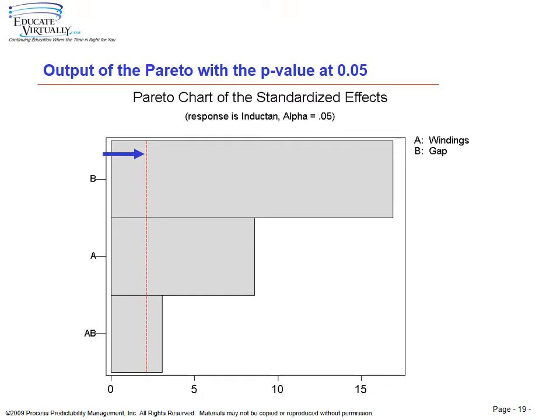That is equivalent to a p-value of 0.05. All of our factors are significant beyond the 95% confidence or p-value of 0.05 indication. So now we know that we're at least significant at a 95% confidence.